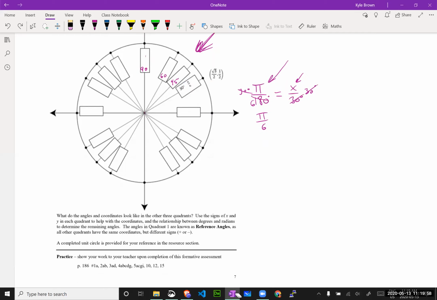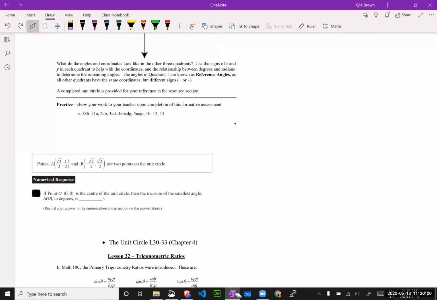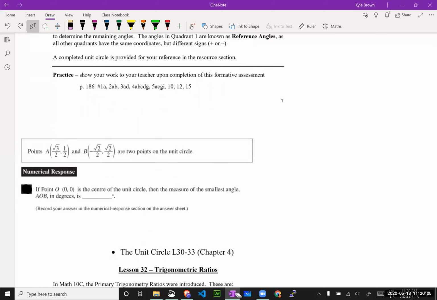So I'm just going to do one more question here, just to give you an idea of the style of questions that you're going to get. So let's just do this one. This might or might not be in your notes, but if not, just follow along. Okay, so the question says points A and B are 2 points on the unit circle.